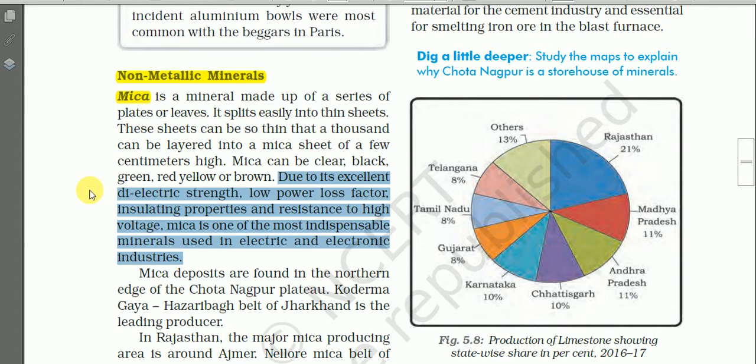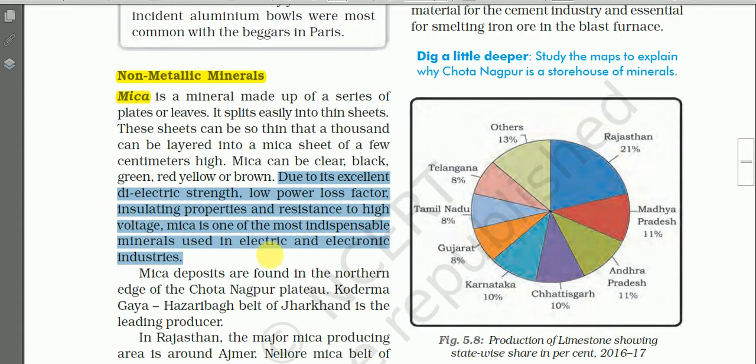And properties of mica, let us read. Due to its excellent dielectric strength. Dielectric means having the property of negligible electrical or thermal conductivity, or insulator, or non-conductor. Low power loss factor, then insulating properties and resistance to high voltage.